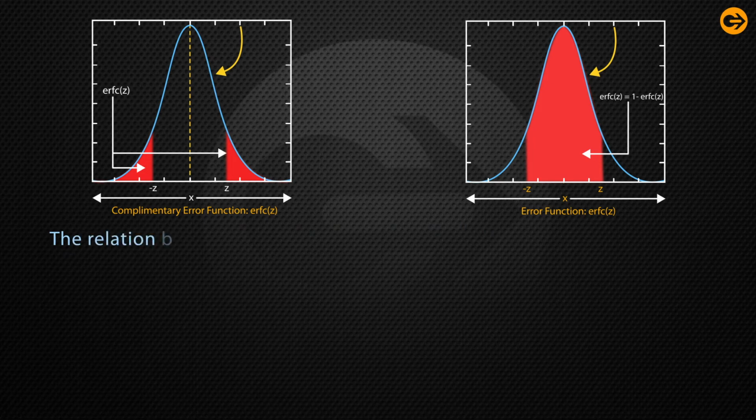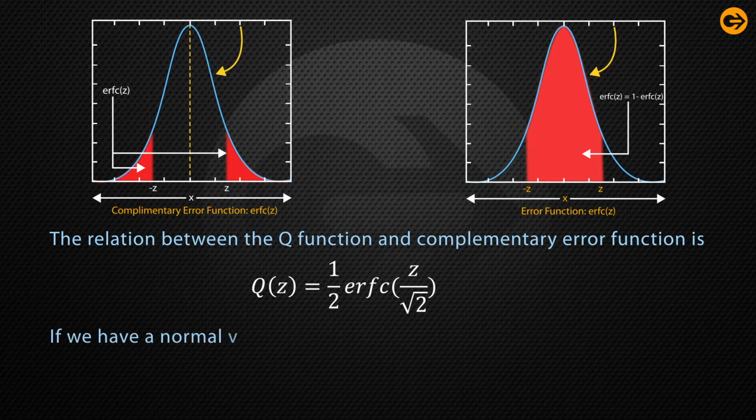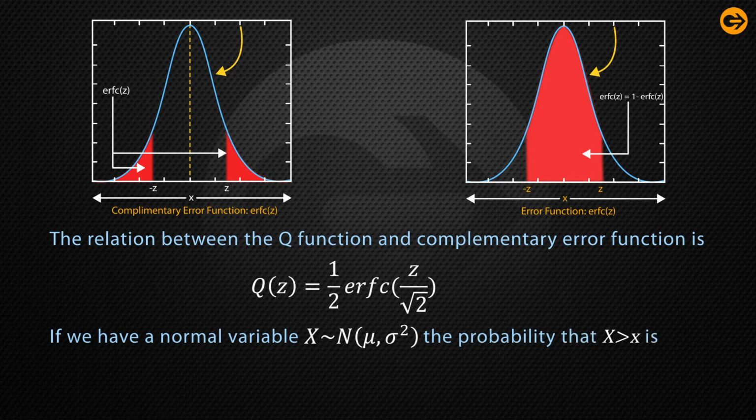Hence, the relation between the Q function and the complementary error function is Q(z) = half erfc(z by root 2). If we have a normal variable, that is X belongs to N(mu, sigma square), the probability that X is greater than x is Q((x minus mu) by sigma).